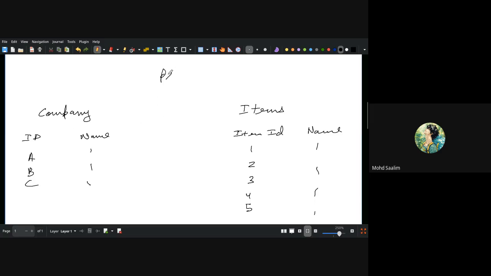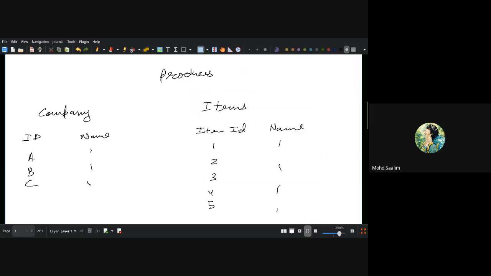There is a relationship between them called produces. Now, if we have a one-to-many relationship, that means a single company is associated with multiple items. So I can leverage this one-to-many relationship to store a variable here, which we call a foreign key.